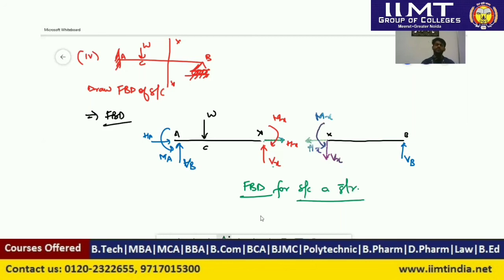This is how we have to draw the free body diagram for a section of a structure. Similarly, we can draw the free body diagram for a frame also, or for a truss also. So for drawing a sectional free body diagram, we generally cut it and then draw three forces at that particular point, and at the other part which we have cut, we have to draw all the three forces, but in the opposite directions.